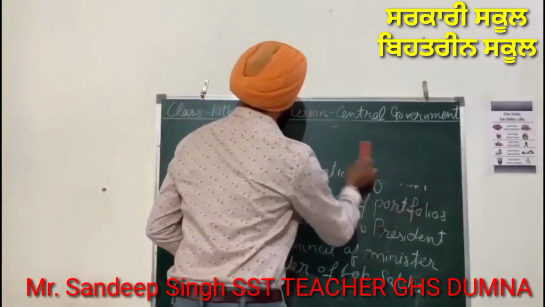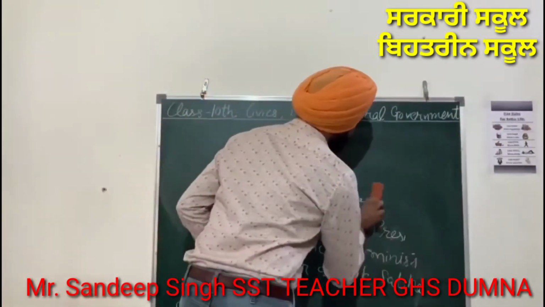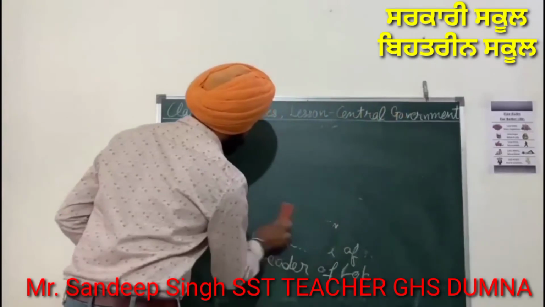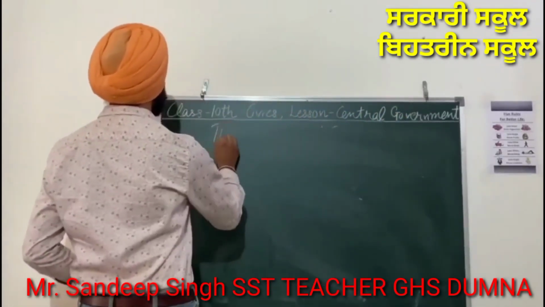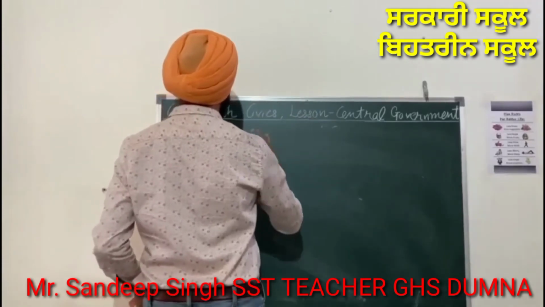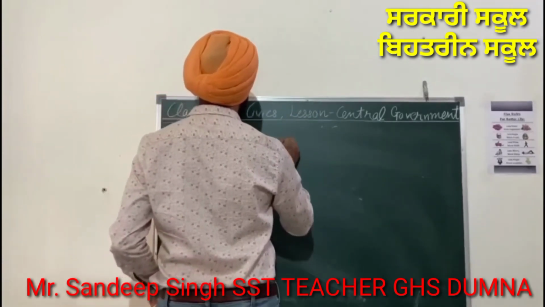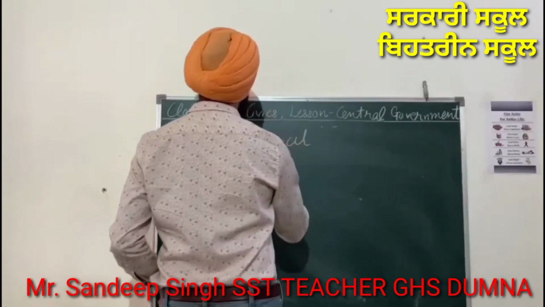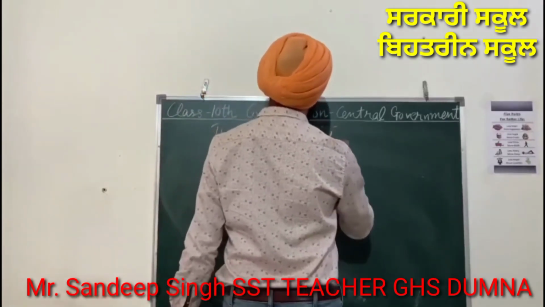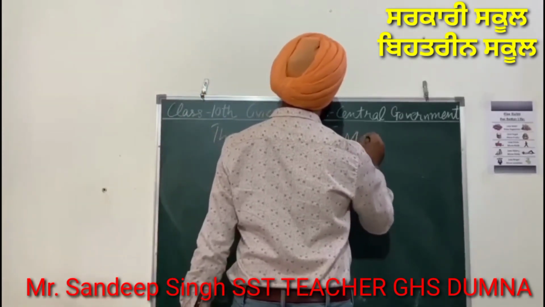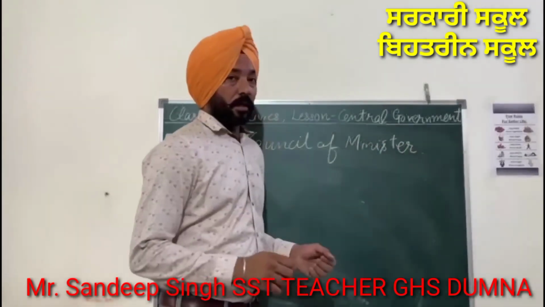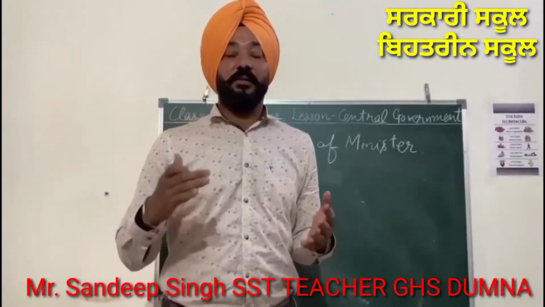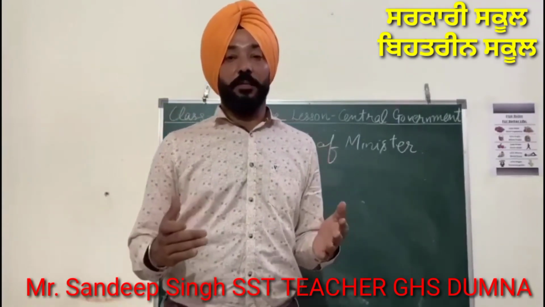The third point of executive is the Council of Ministers. The Council of Ministers is the real executive of the union government.